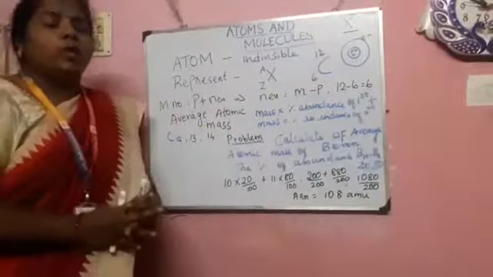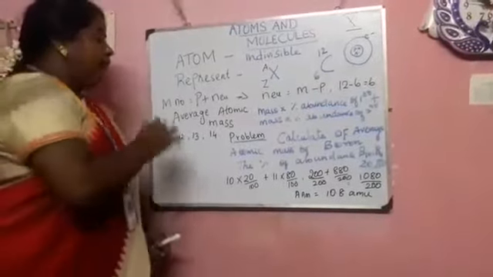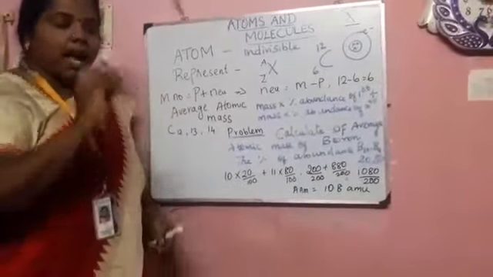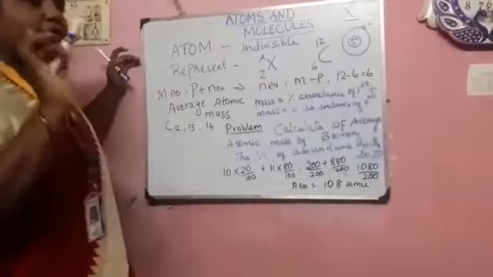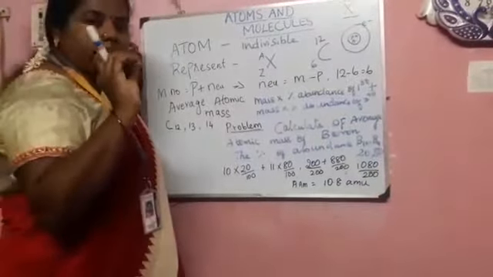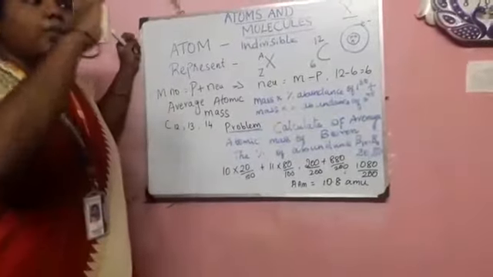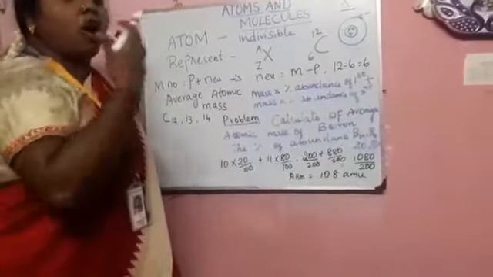Next, we have to calculate the average atomic mass. Before that, you should know the word abundance. Abundance means how much of something is present in large quantity.